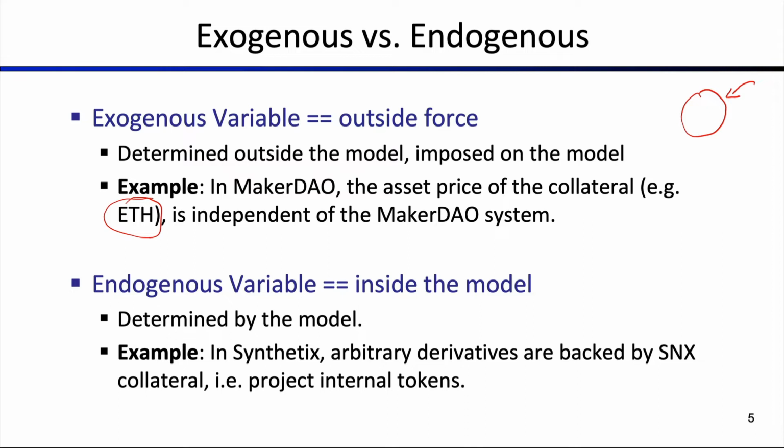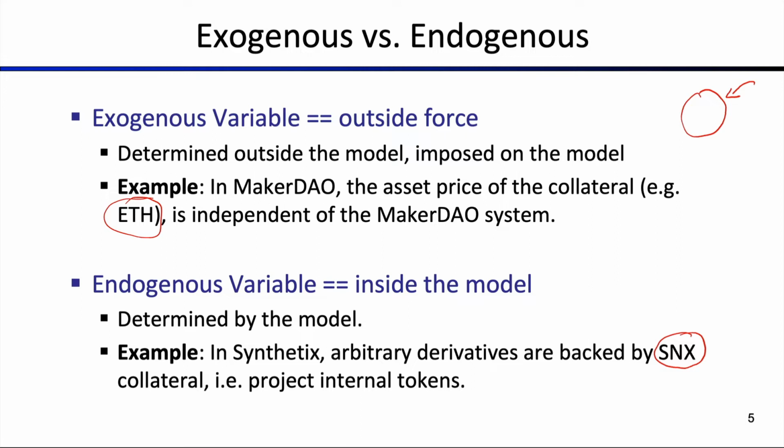An example of an endogenous variable would be something that's from inside the model, so something that's considered part of the model or the interior. It's not an external variable. It's determined by the model. So if we're looking at Synthetix, which is another stablecoin or pegged asset, there you're using the cryptocurrency SNX, which is a part of Synthetix, as collateral in order to mint derivatives, right?